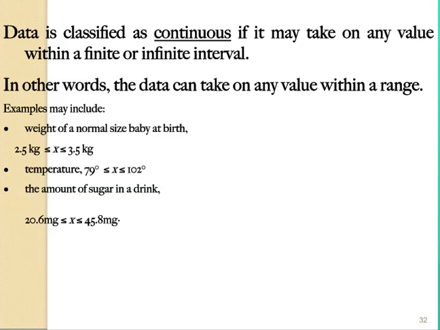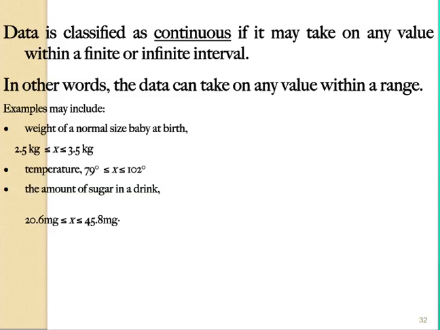Now the other type is continuous. Continuous variables lie in a range. If your height is 6 feet, is it exactly 6 feet, or is it 5.98, which rounds off to 6 feet, or is it 6.01, which rounds off to 6 feet?